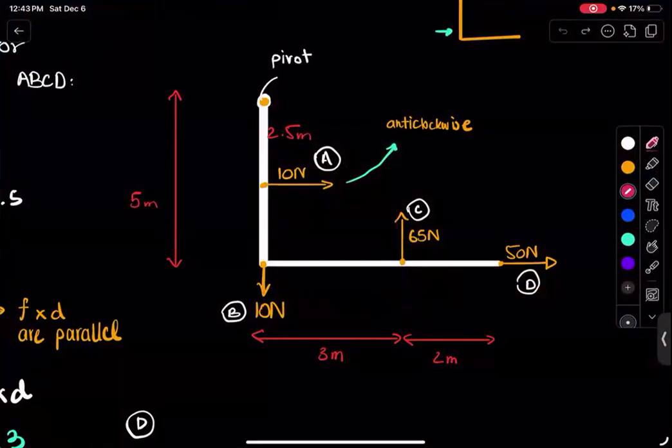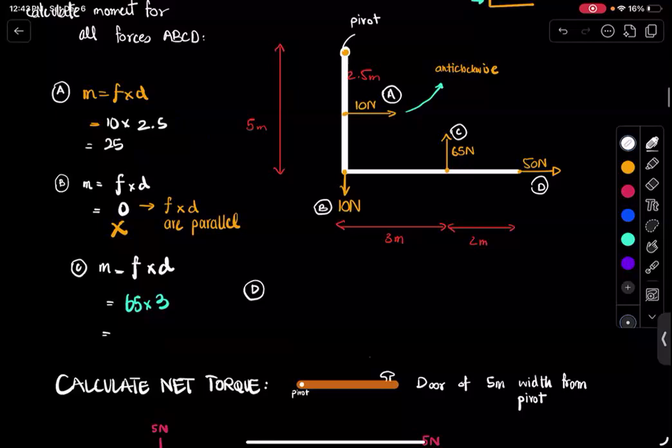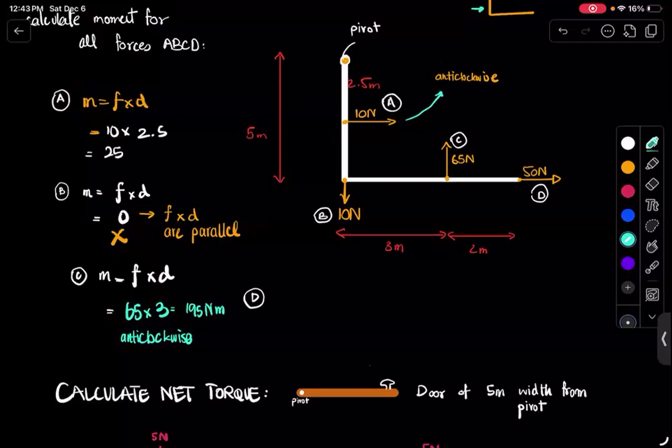So this is going to be 65 into 3, and it's going to make you turn clockwise. 65 into 3 is 180, and that's going to be 195 Newton meter. Okay. Now force D.